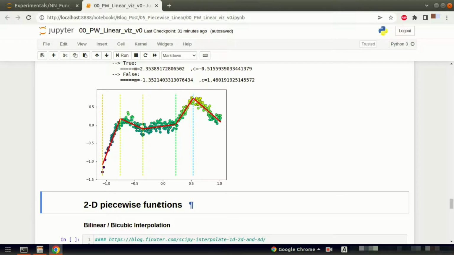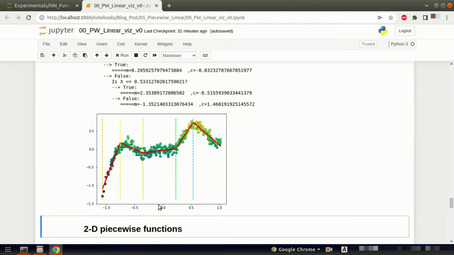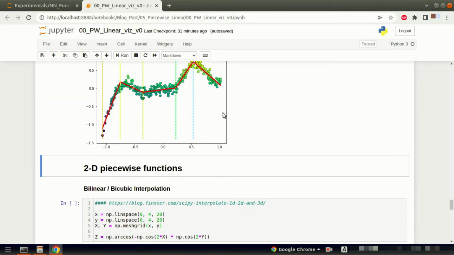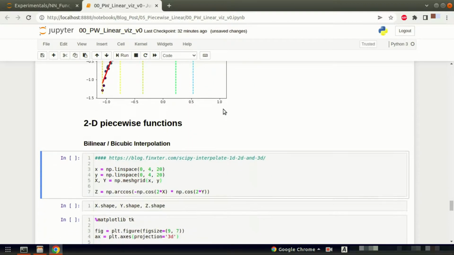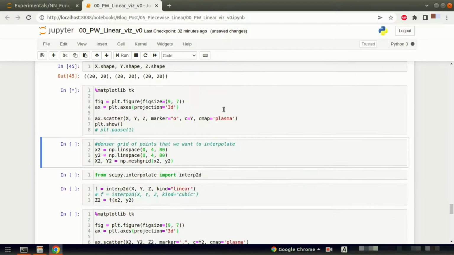What we dealt with is one-dimensional, and this conversion is not exactly possible in a two-dimensional piecewise function. So let's see how a piecewise function works in two dimensions. First, we make a 2D grid.